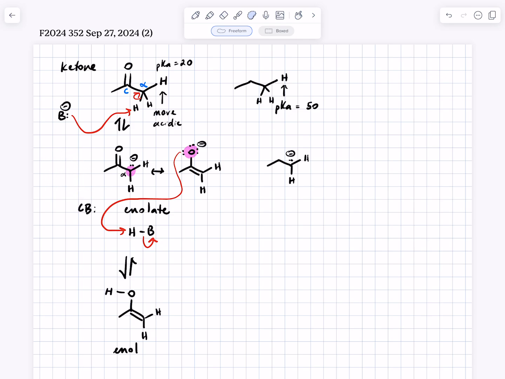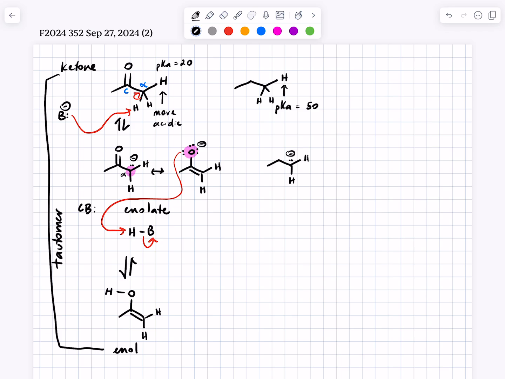What I'm meaning to show you is that the ketone and the enol are related to each other. The word we use for isomers that differ only in the location of a pi bond and a proton is tautomer. And so we'll use that term. Tautomers differ only in the location of a pi bond and a proton. We'll call this the keto form and this the enol form.